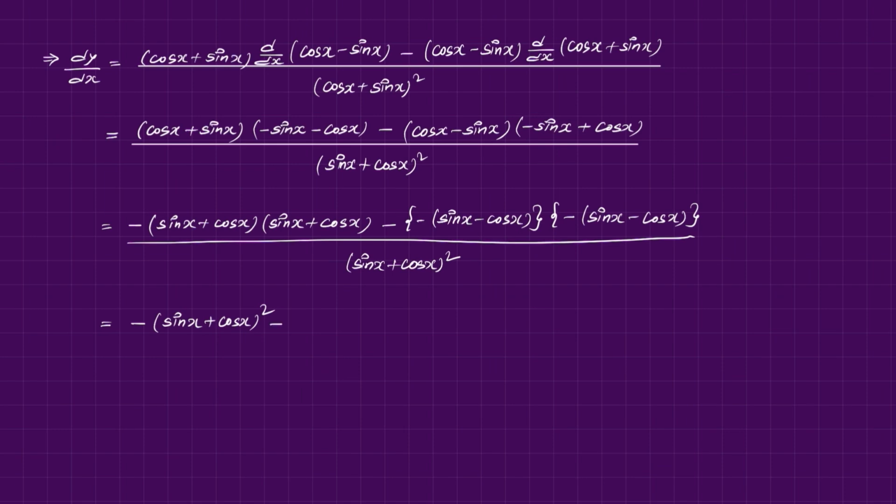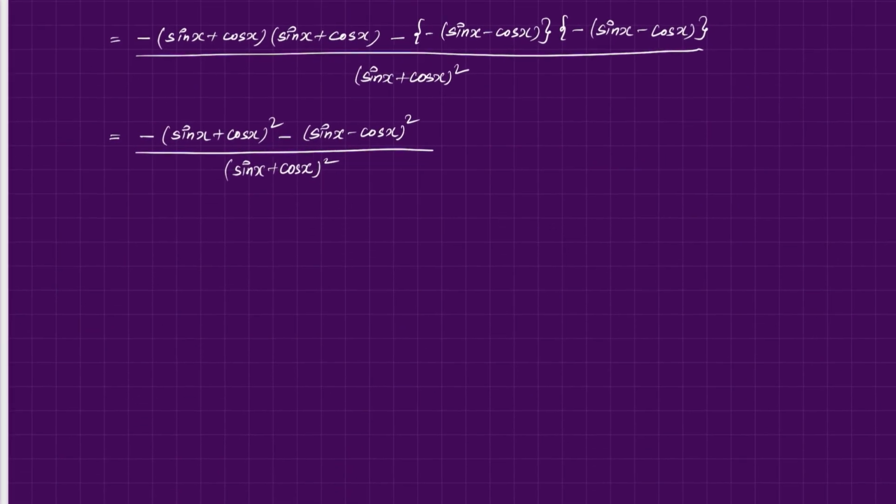So minus, and since in both brackets we have minus and minus, they will eventually get plus, so no need to change the sign here. So sin x minus cos x and sin x minus cos x will be sin x minus cos x whole square, whole divided by sin x plus cos x whole square.